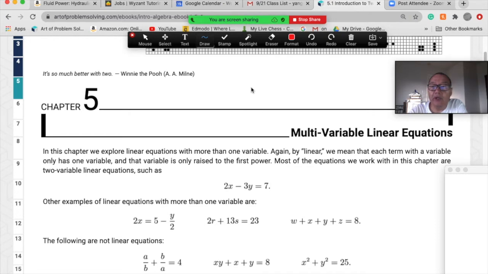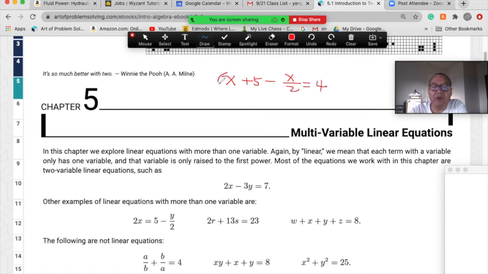So today we start to learn chapter 5. The title of this chapter is multivariable linear equations. In the previous chapter we learned the single variable, just like x plus 5, then minus x over 2 equals 4.